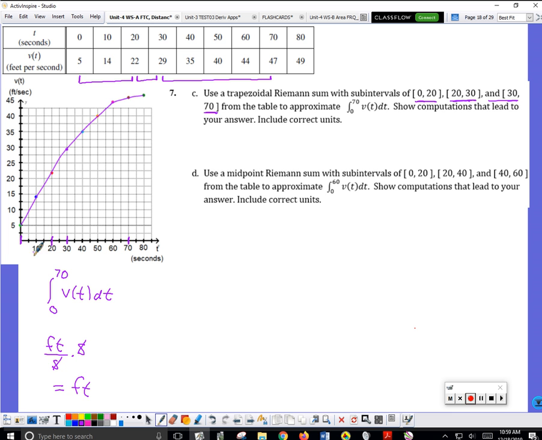So this is going to be, time on the left is 0, time on the right is 20. You add those two velocities together, and then you multiply by 1/2.